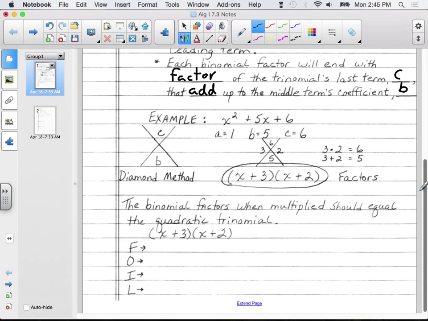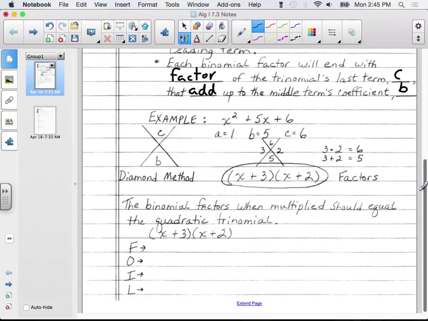So in this example, a equals 1, b equals 5, c equals 6. Where are they getting those numbers from? The equation. Today a is always going to equal 1, b is 5 because that's paired with x, and 6 is by itself, so that is our constant.